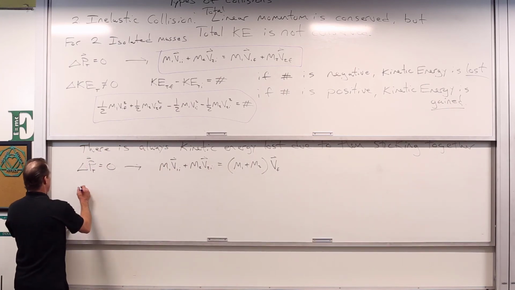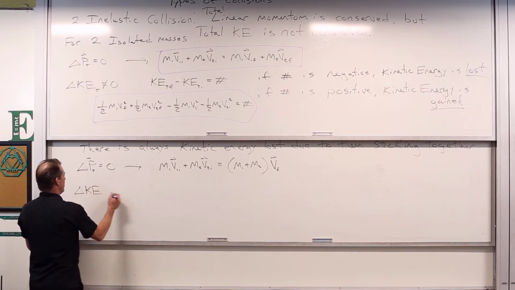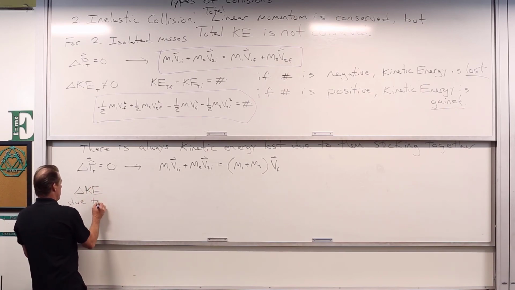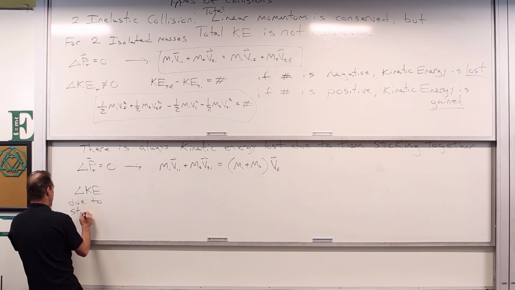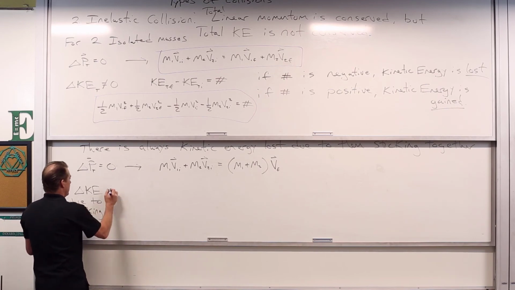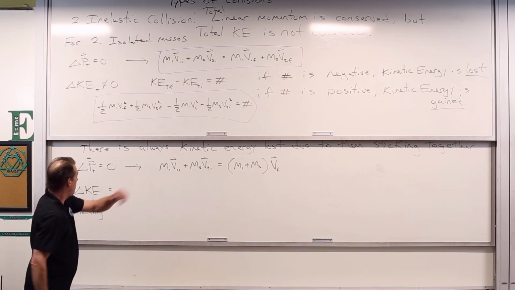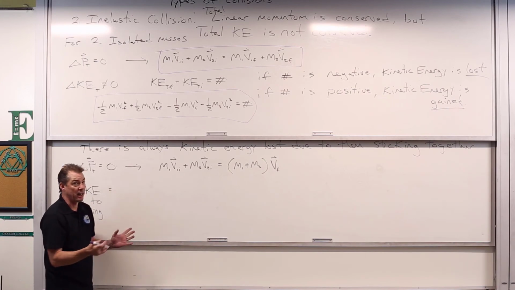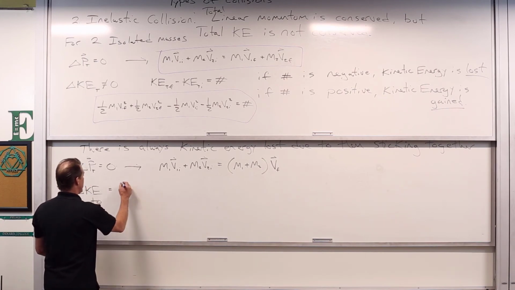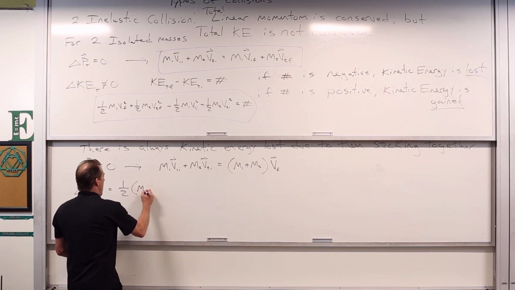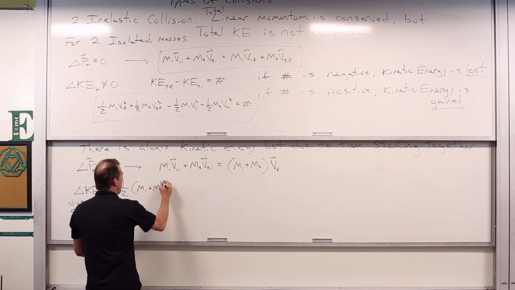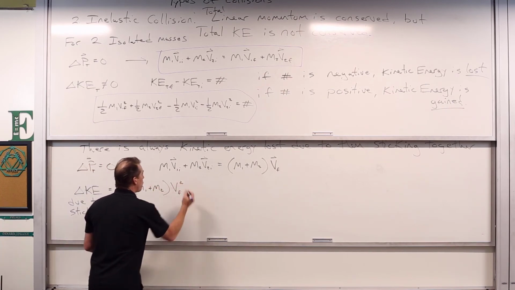And delta KE, say due to sticking, is equal to, well, we've got ourselves the final kinetic energy minus the initial kinetic energy, 1/2 (M1 plus M2) V final squared.